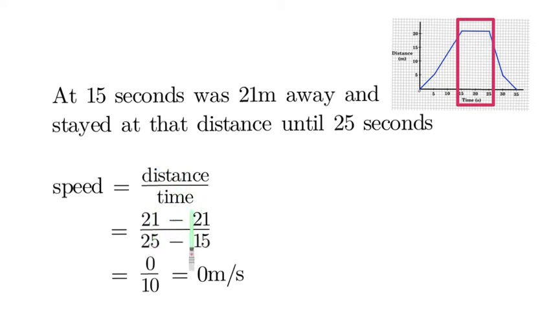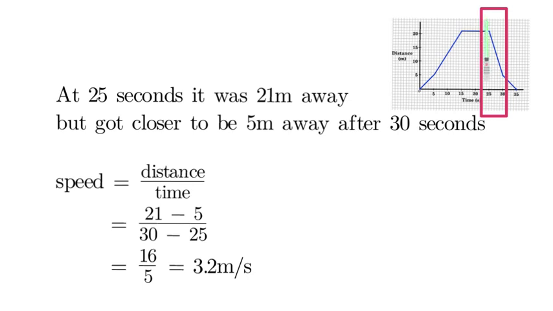So 21 minus 21 is 0. So as soon as we've got a 0 in our calculation here, we know that the answer is 0. And that would correspond pretty much to what we've said, it's not moving. So if something's not moving, we would think that the speed would be 0. But if you're asked to calculate, please show the working out, like I'm doing.